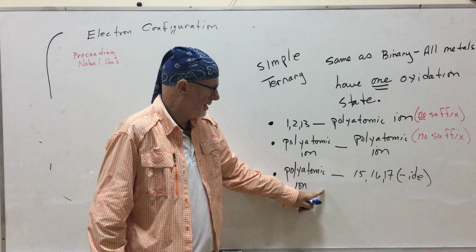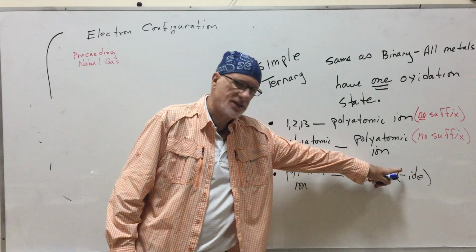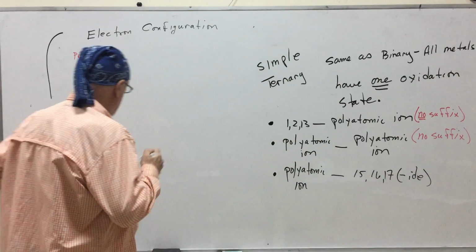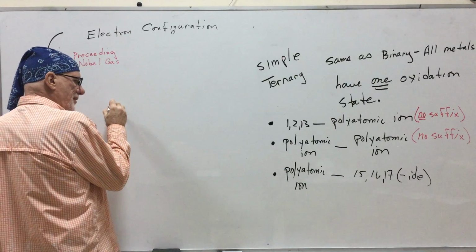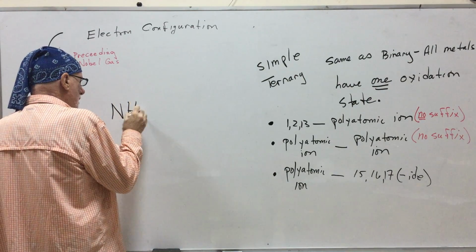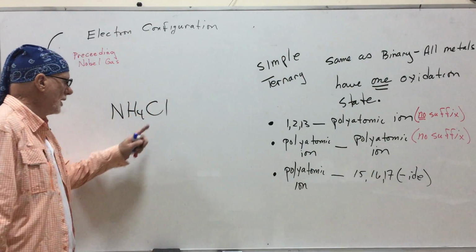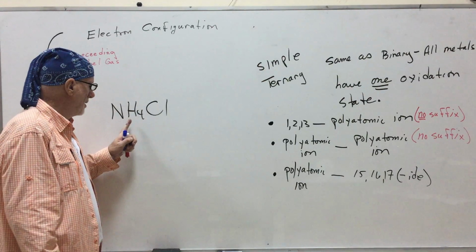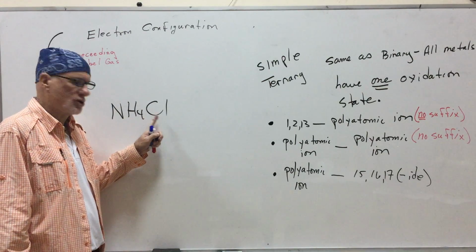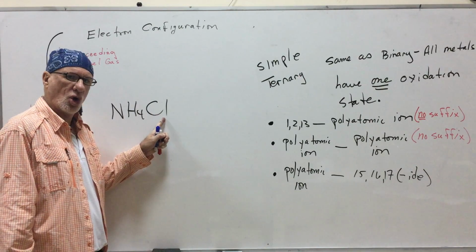Next, polyatomic ion and 15, 16, 17 with the suffix IDE. So you have ammonium chloride, that's group 17, plus 1, minus 1, ammonium chloride.